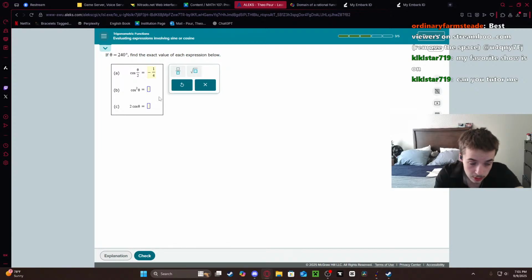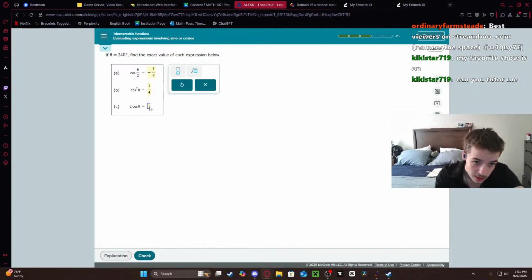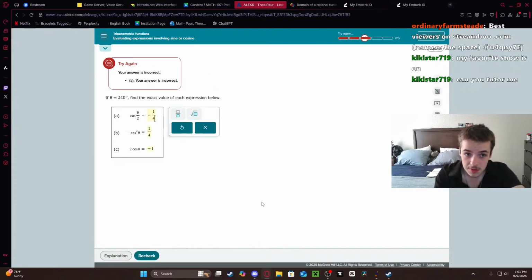Cosine squared also puts us at positive 1/4. And then that puts us at negative 1. If I got this right, I'm going to be surprised. Okay, yeah, that's what I thought. Negative 1/2 divided by 2.